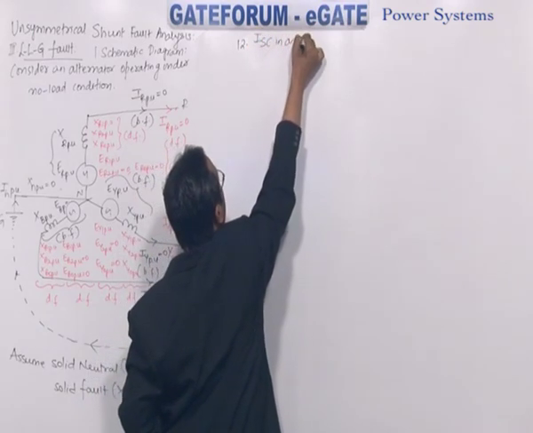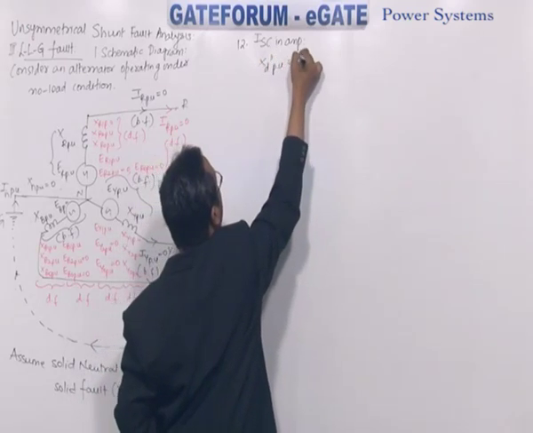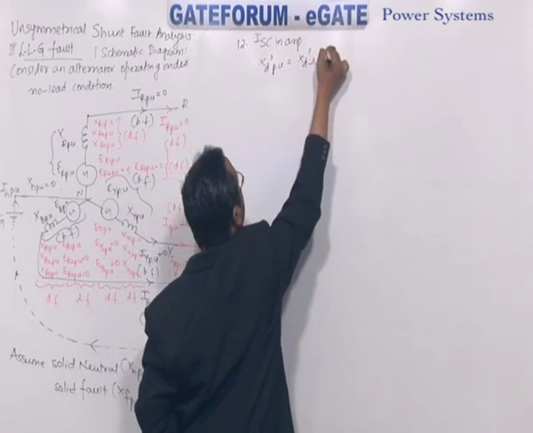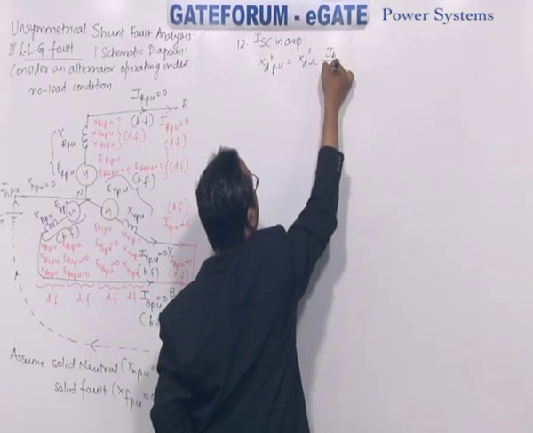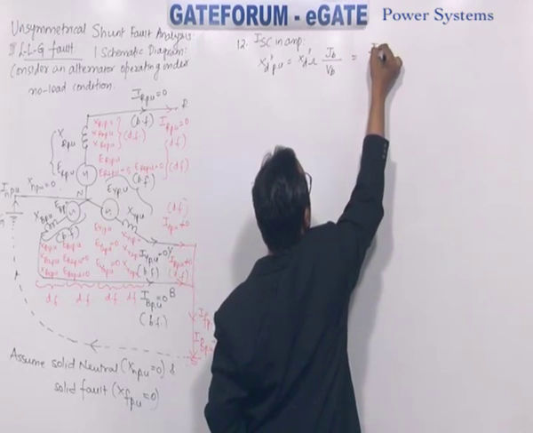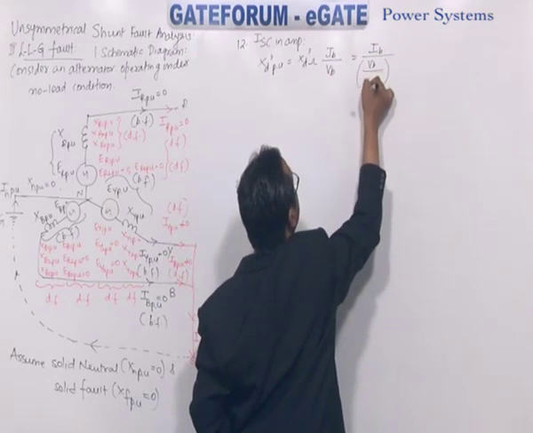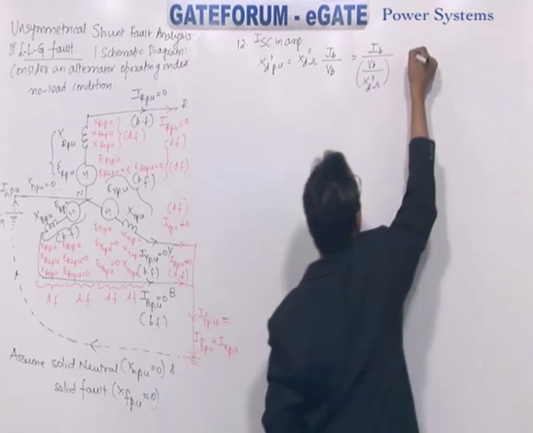So how do you find the short circuit current in amperes? XD double dash per unit, XD double dash in ohms multiplied with base current by base voltage. So we write VB by XD double dash in ohms.